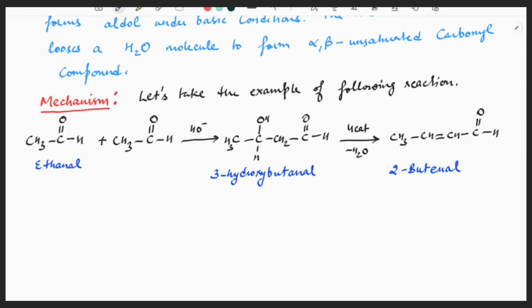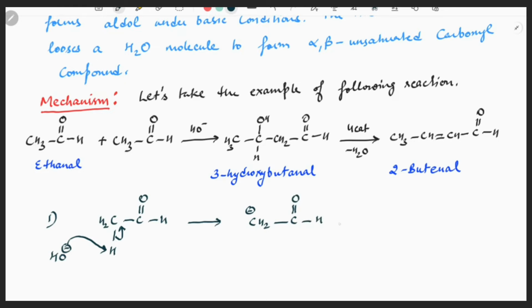First of all, in the first step, since ethanal has an alpha hydrogen, this alpha hydrogen is easily abstracted by a base. This results in the formation of what we call an enolate.